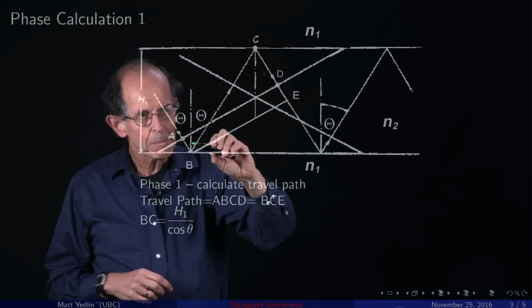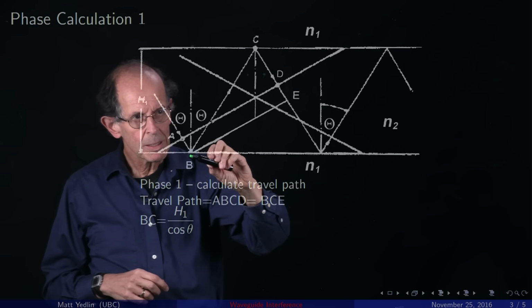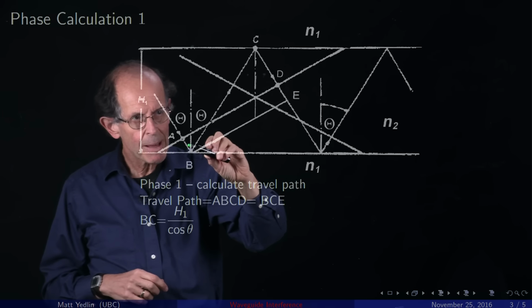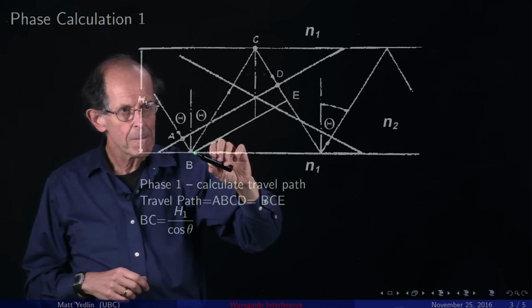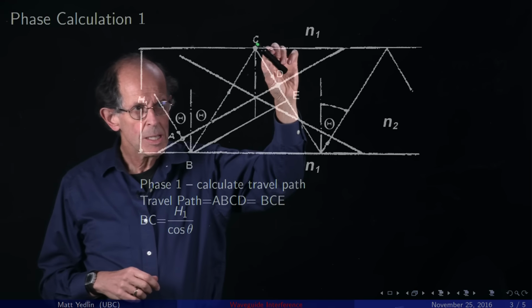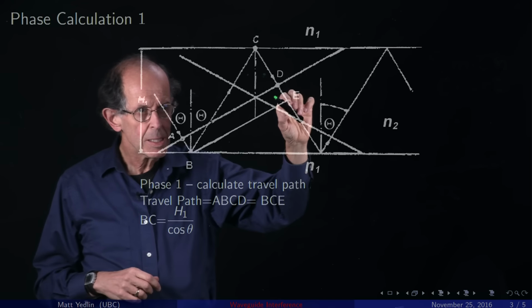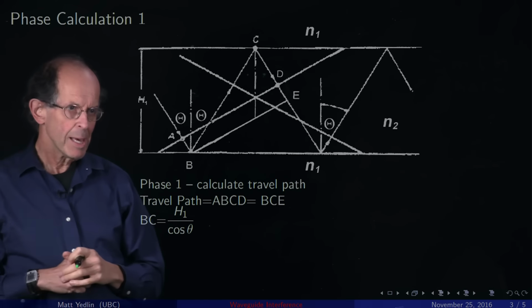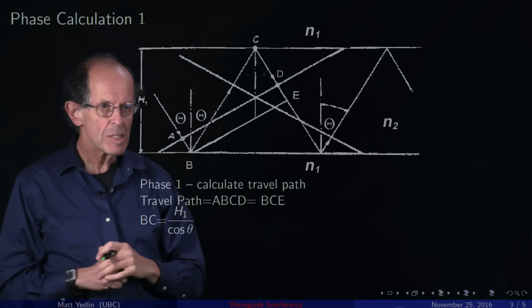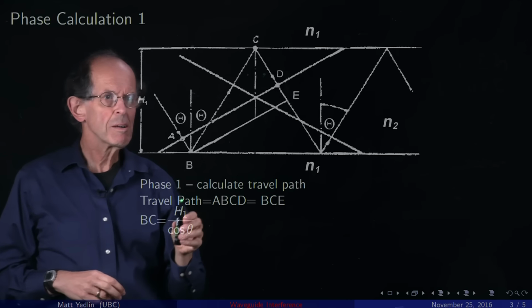So rather than computing this little bit here, we're just going to put it over here and then compute BC to CE. And that's what I have there. I say the travel path, ABCD, is BCE.